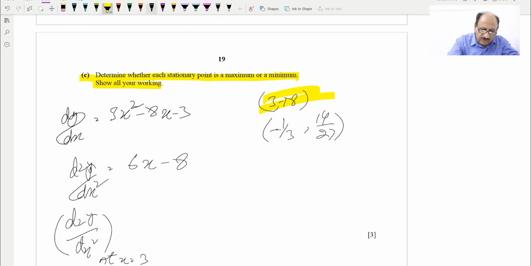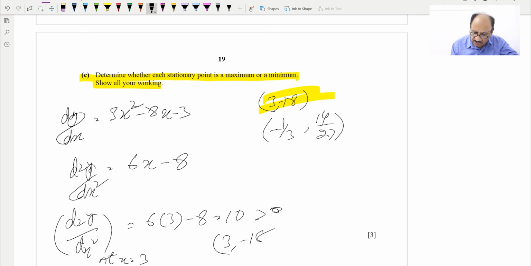We get 6 × 3 − 8, which is equal to 10, which is greater than 0. So we take this point as a minimum. So (3, −18) is a minimum point.